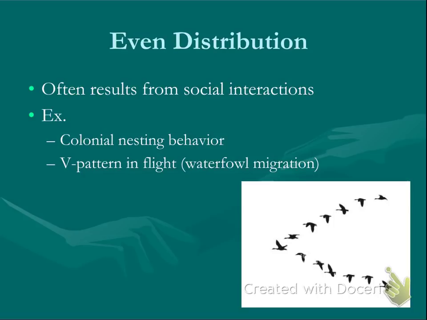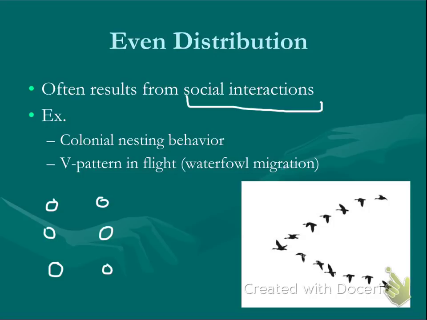Even distributions also often result from social interactions, but usually this is more of a, hey, you, back off and give me some space. We see this with colonial nesting behavior, where some species of birds will nest at very even intervals, so everybody is a wingspan away from everybody else.